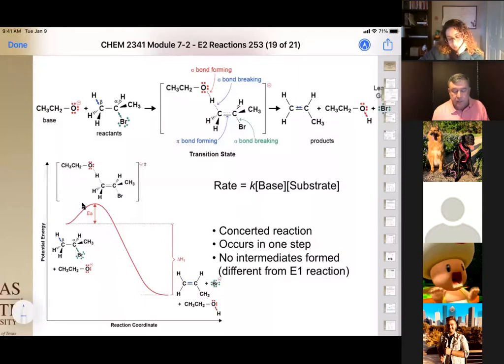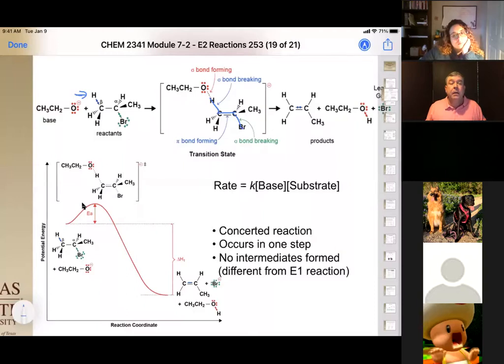Notice how we're going to tug on this beta hydrogen here, and that if we look at our transition state, this hydrogen, these two carbons, and this bromine are all in the same plane. That's because we're going to move a total of 6 electrons around all at the same time. It's a concerted reaction. It happens all at the same time.